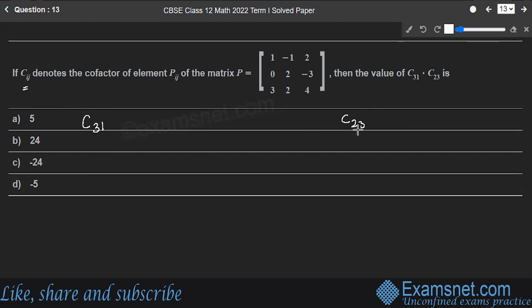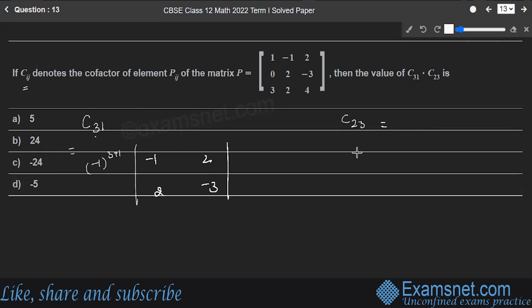That means third row first column, second row third column. This will be equal to minus 1 raised to power 3 plus 1 into, now third row first column I will leave, so I'll be left with minus 1, 2, 2, minus 3.